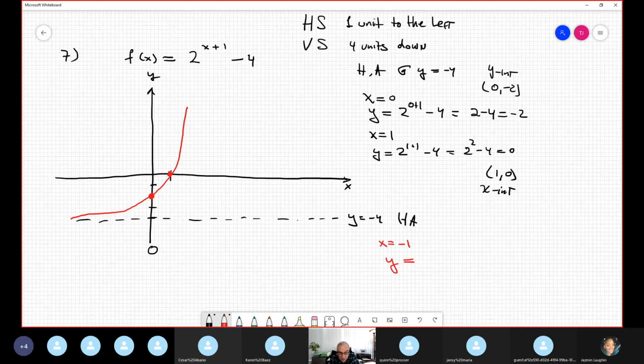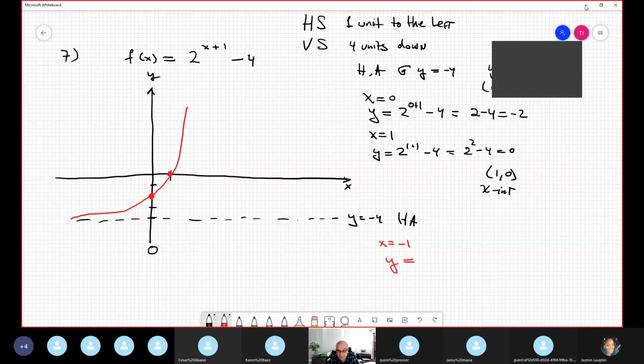Okay, whiteboard. So y is equal to, suppose x is -1, 2 to the -1 plus 1, minus 4. -1 plus 1 is 0, and 2 to the 0 is 1. And 1 minus 4 is -3. And the point is (-1, -3).